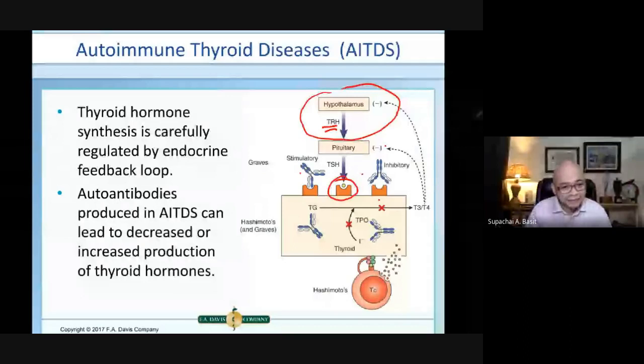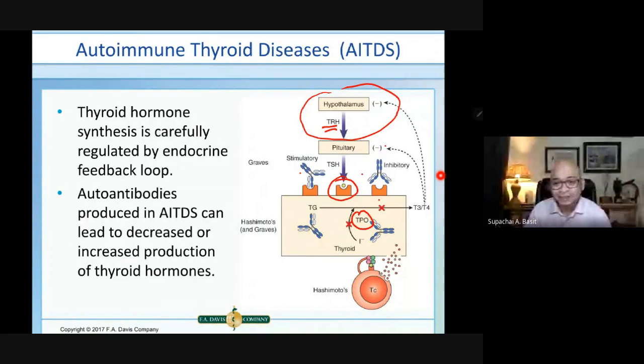The TSH, on the other hand, will stimulate the thyroid gland to produce T3 and T4. So from the breakdown of thyroglobulin, we will now be producing T3 and T4, okay, through the enzyme TPO. What is TPO? TPO stands for thyroid peroxidase.